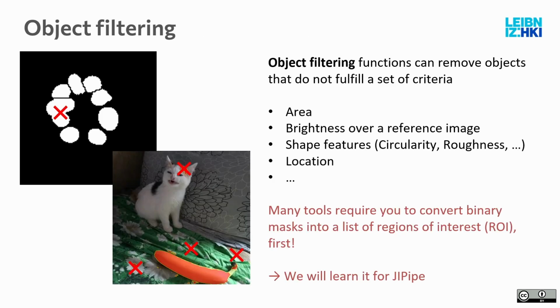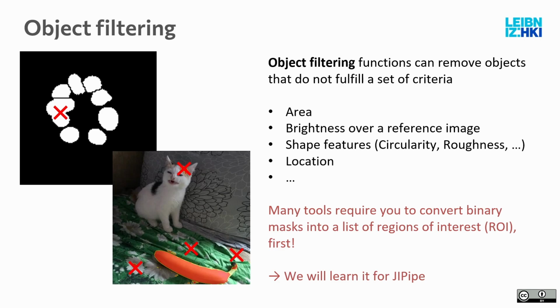So then we are stuck with this way too large object and we can't get rid of it, so we have to filter them out. There's also an important part: you need object filters or selecting specific things, with criteria such as area, brightness, circularity, location, whatever features. Unfortunately, every tool does it completely differently.